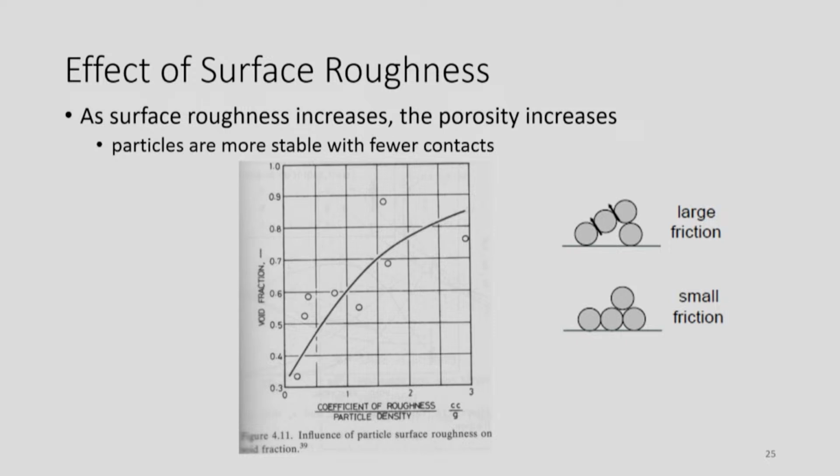Higher mechanical interlocking comes from larger friction between those particles and forms smaller arches at bulk level. And this graph shows that if the coefficient of roughness increases, the void fraction also increases.